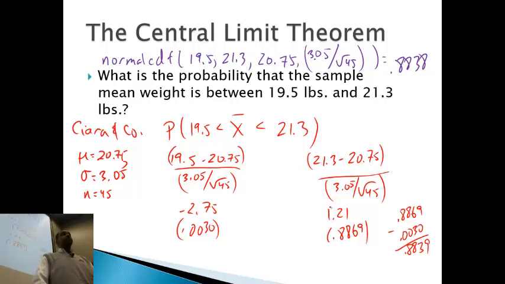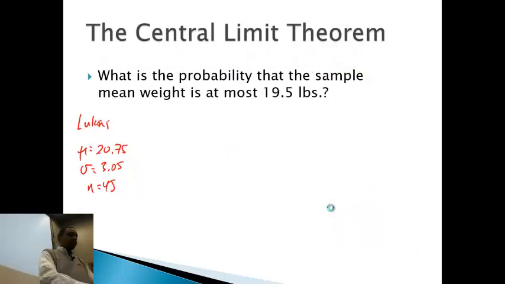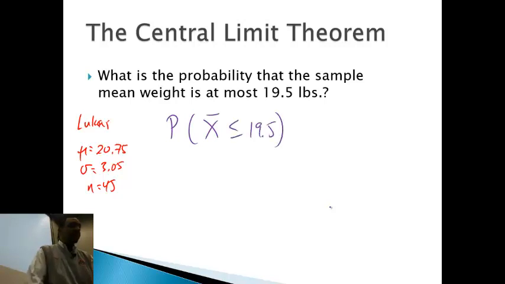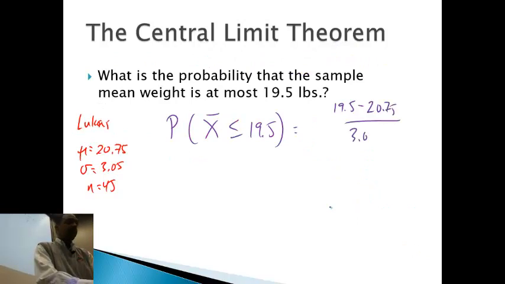Lucas, you ready? What you got for me, Lucas? Okay, so Lucas is already on top of it. So X bar at most 19.5. And then we're going to do 19.5 minus 20.75 over 3.05 radical 45.